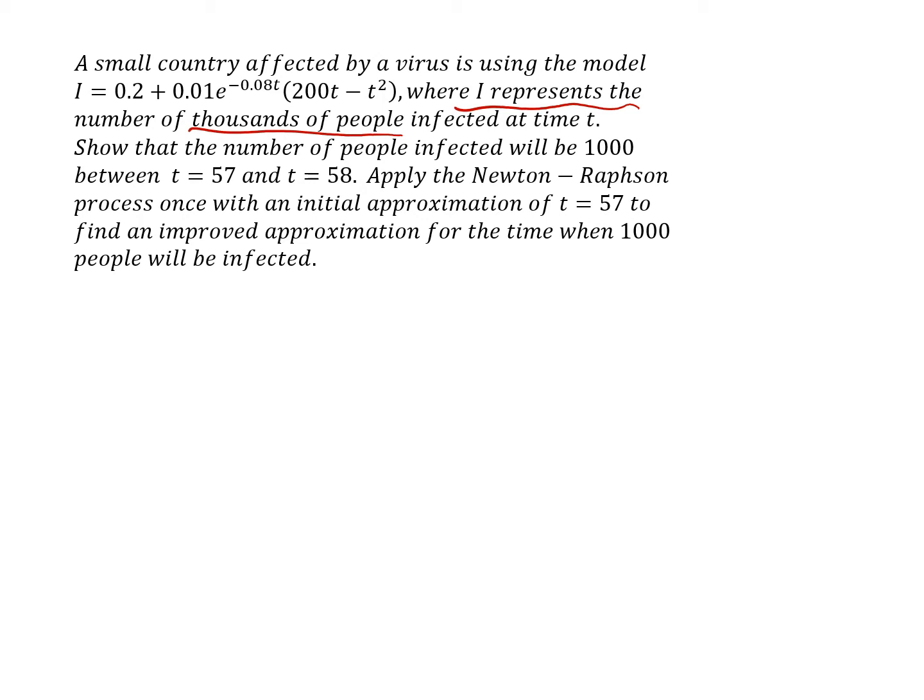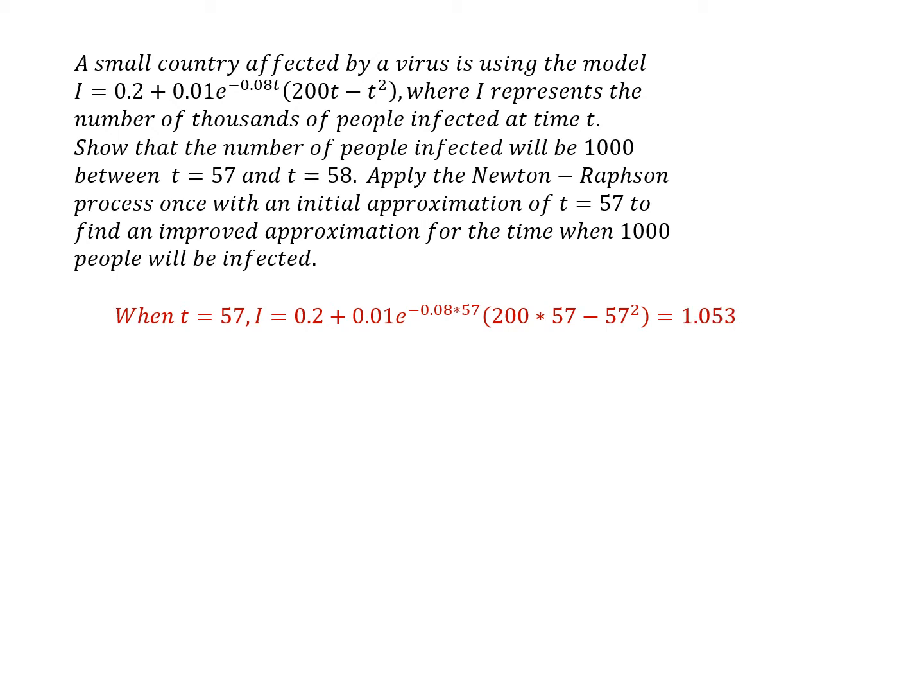So if we look at the two times which we're given, t equals 57 and 58, when t equals 57, I is this rather nasty looking expression. That's 1.053, so slightly bigger than 1.